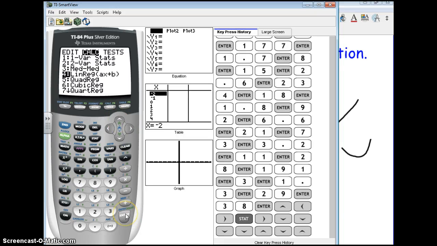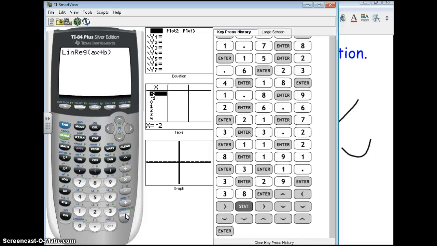So we are going to press enter on lin reg. Let's do the linear first. And let's go ahead and push enter. And we are going to write down this equation. If a is negative 5.58, that's my a value, so I'm going to put it right in front of the x. And then 414.7, we're going to put that as my b value.